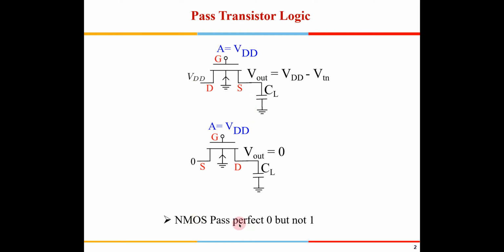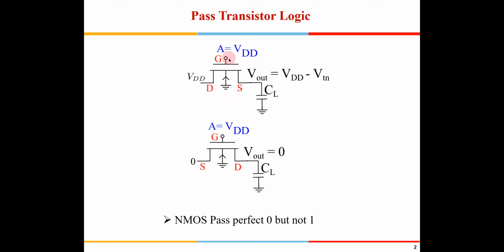We can use NMOS as a switch, but NMOS can transmit a perfect 0, but it cannot transmit a perfect 1. So if you recollect, suppose this is VDD out here and you want to switch on this NMOS.